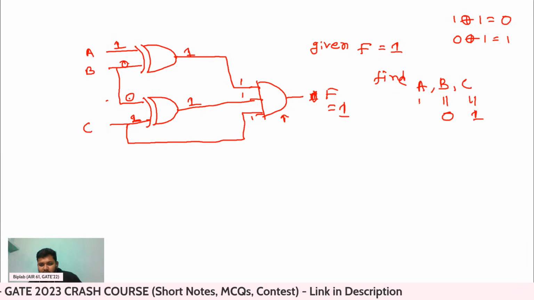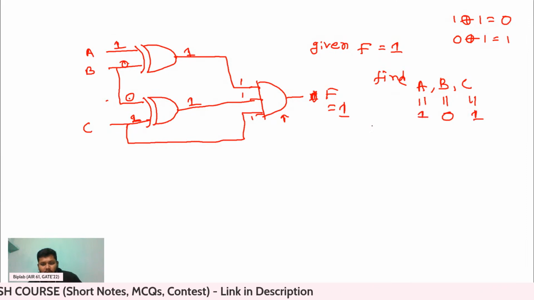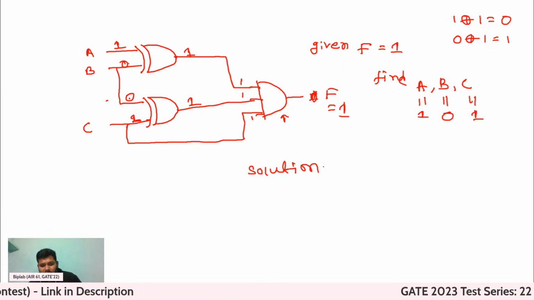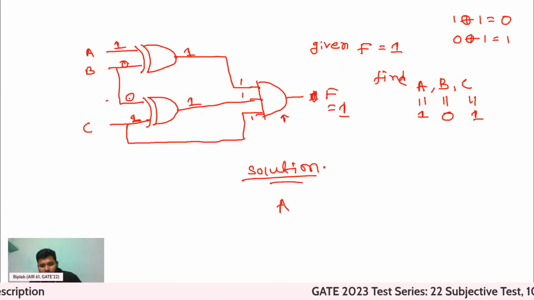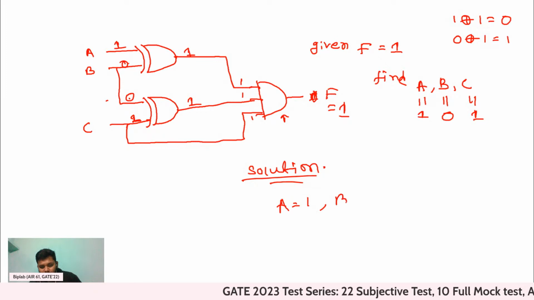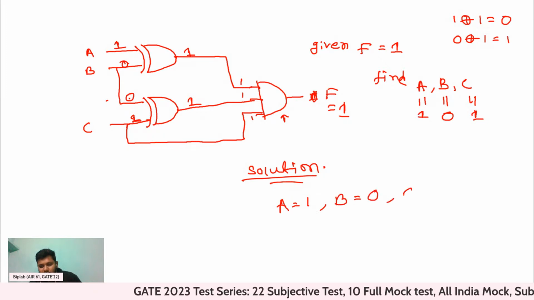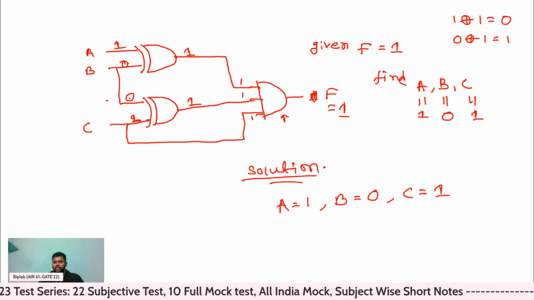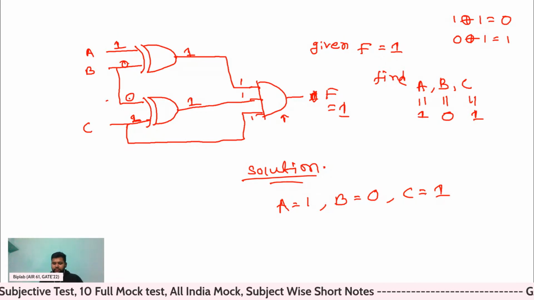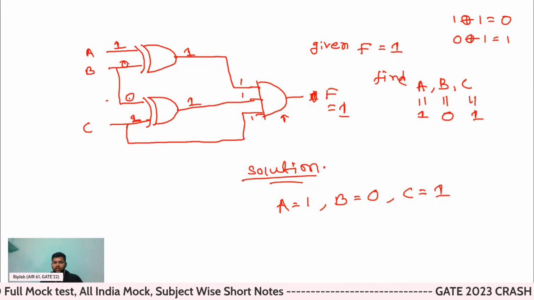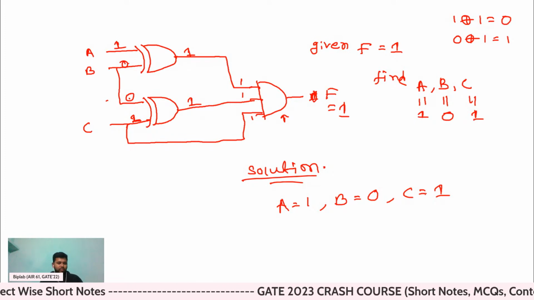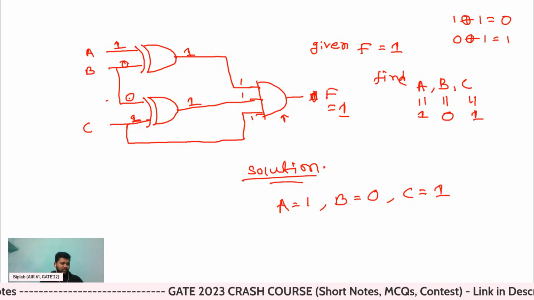So your A will be 1. So the solution for this question is A equals 1, B equals 0, C equals 1. Anyone having any doubt here? I think this was an easier one.